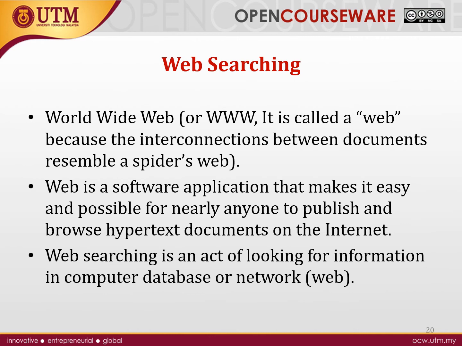And this web is a software application that makes it easy and possible for nearly anyone to publish and browse hypertext documents on the internet. So in order to use web searching, we need to be aware of how to use search engines and so on, and we will be talking about that in a moment. So web searching is the act of looking for information in a computer database or network using search engines.